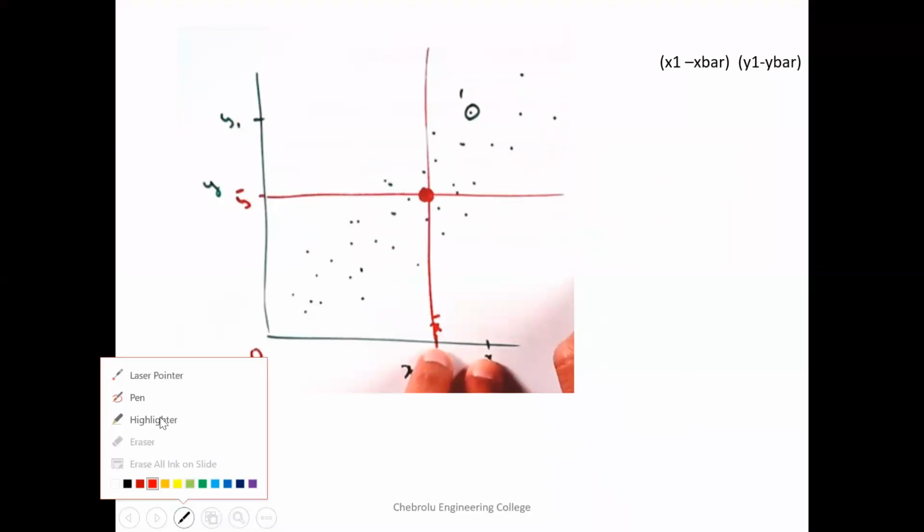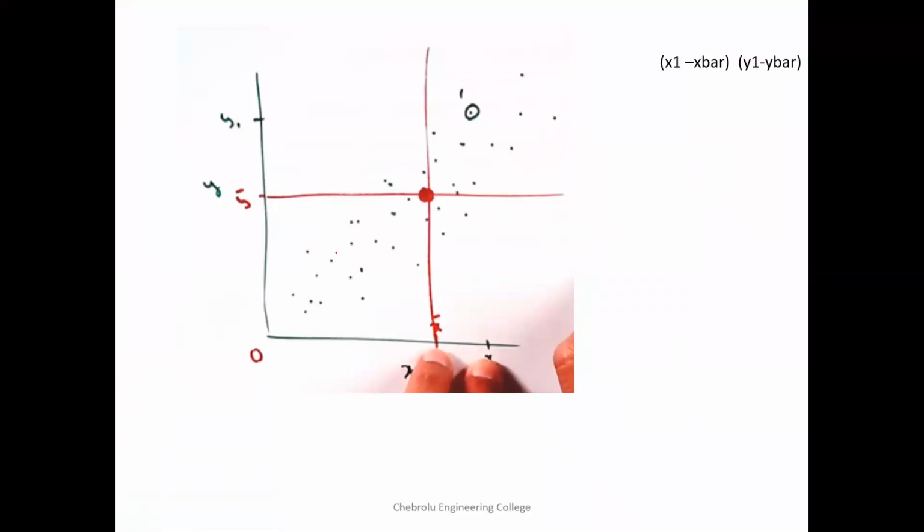Suppose you take a point here, this is x1 and this is y1. If x1 and x bar are compared, x1 is definitely less than x bar. Similarly, y is less than y bar.